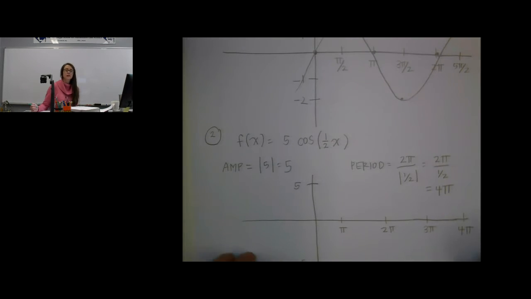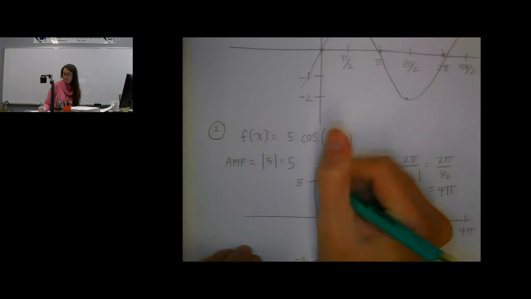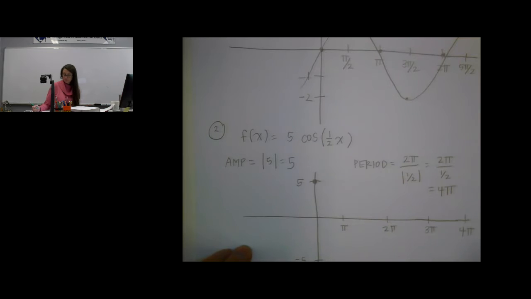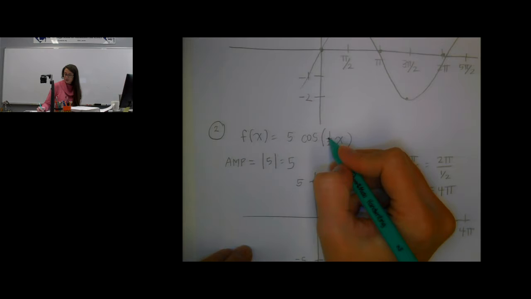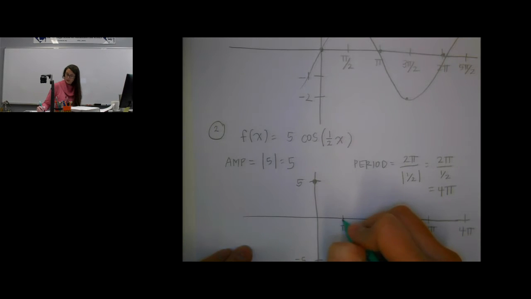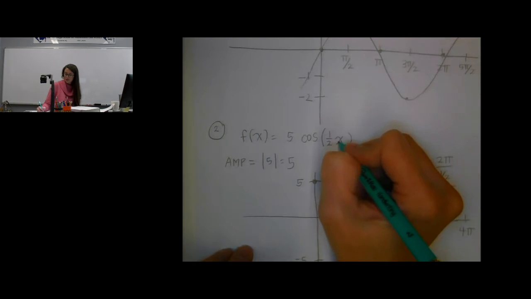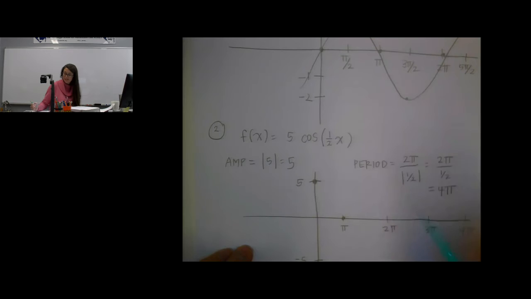So cosine of 0 now is going to be, instead of 1, a 5. Cosine of pi here, so it's going to be pi over 2. So this means that this is going to be a 0. Cosine of 2 pi, when I plug 2 pi in there, that's actually just saying cosine of pi in there. So it's the same thing as a negative 1.